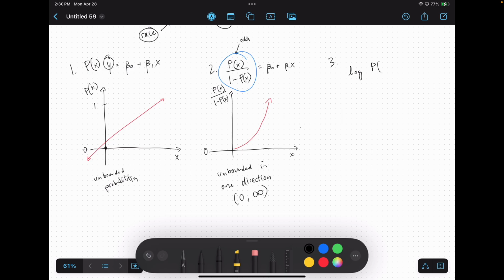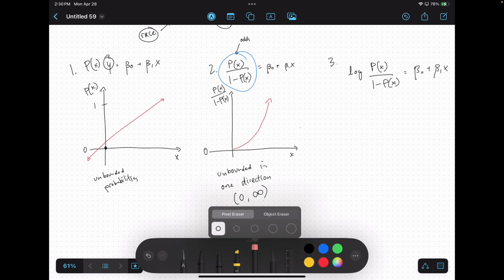So, log p of x over 1 minus p of x is equal to beta 0 plus beta 1 x.